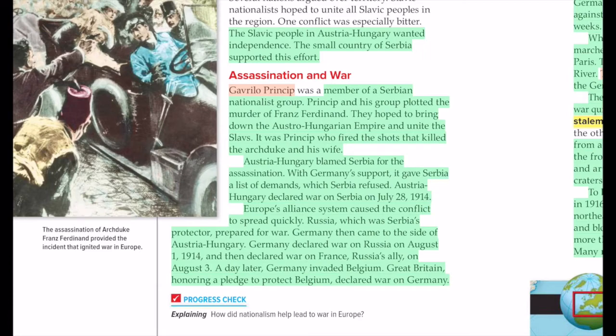Germany wants to go directly and attack France first. They decide that because Russia is not ready to go to war. They need time to ready their forces, what they call mobilize. And so since they know Russia is not quite ready, they go ahead and attack the other side, France.